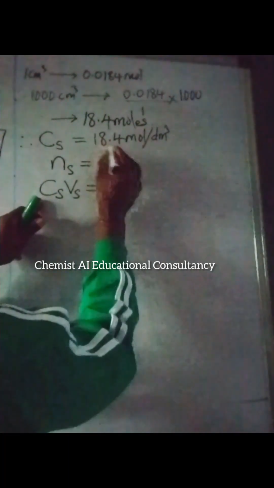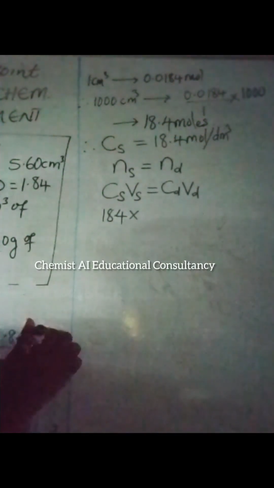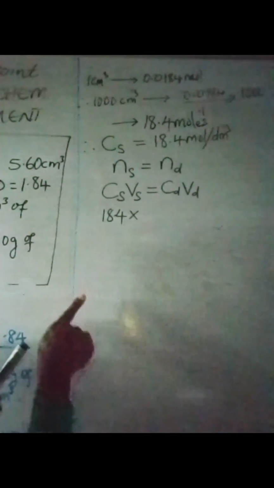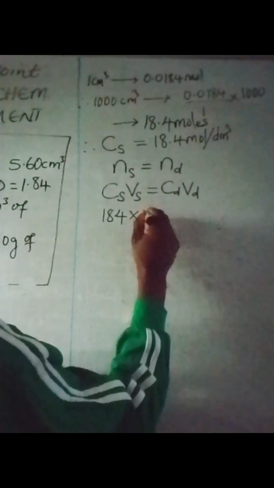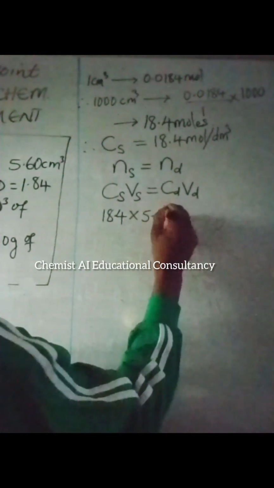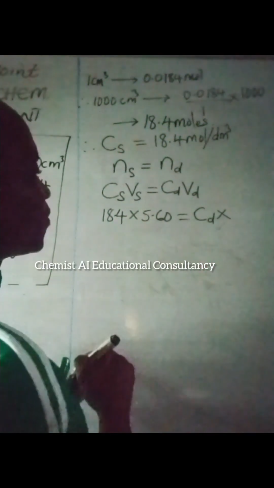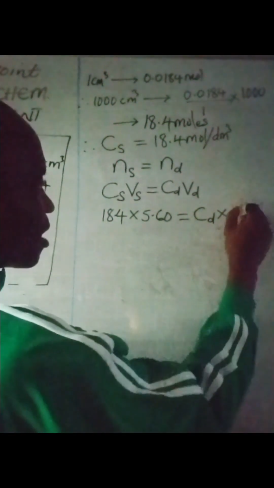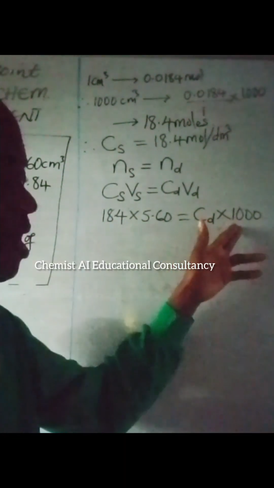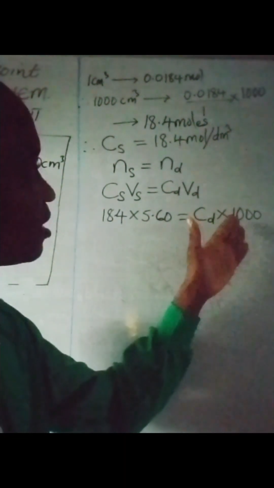Concentration of stock in this case is 18.4. Volume of stock is that volume the teacher takes from the stock to dilute, that is 5.60, equals concentration of the diluted solution, which we don't know yet, times volume of diluted solution, which is 1000, because the teacher is diluting inside 1000 capacity volumetric flask.